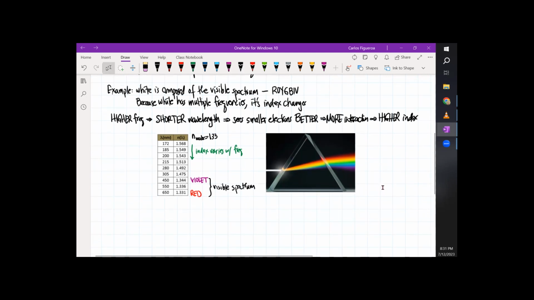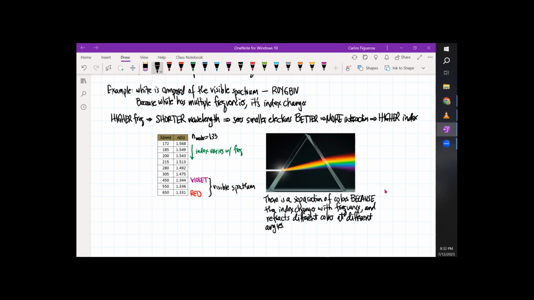And what you're finding here is that there is a separation of colors because the index changes with frequency and refracts different colors at different angles.